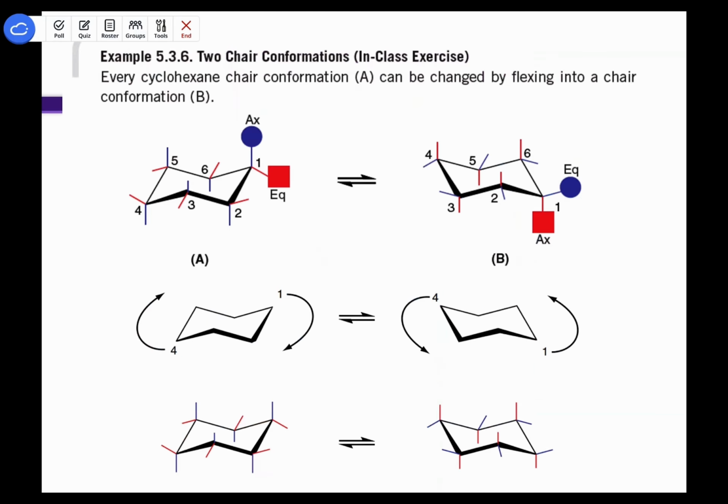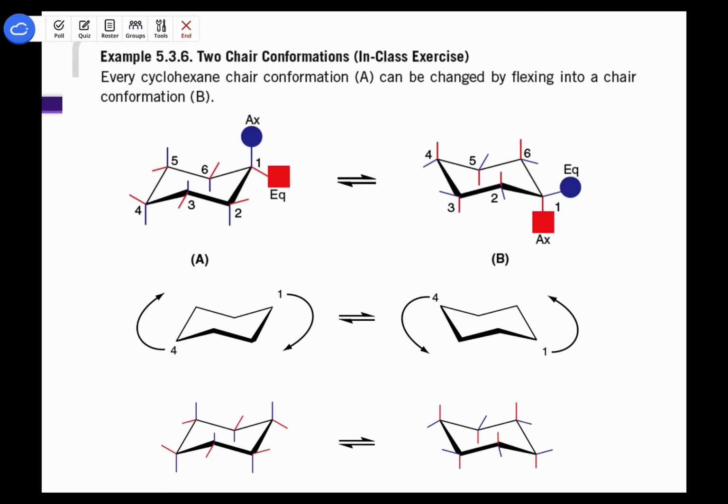And the cool thing is both of them could exist. It could go this way, all equatorial, or flip-flop, it could go to axial. And we know that carbon-carbon bond rotations happen, and so molecules actually flex.